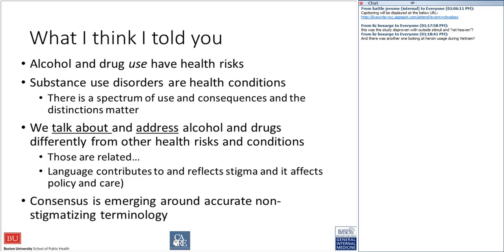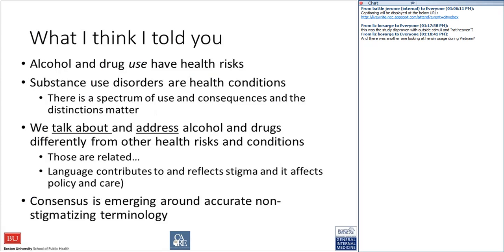So what I think I told you is that alcohol and drug use have health risks. They're not just disorders and diseases, but sometimes they are. And we ought to be accurate in our terminology to distinguish between when we're talking about use versus when we're talking about a disorder. These are health risks and health conditions. They're not identical to 100% biological conditions, but plenty of diseases are not 100% biological.